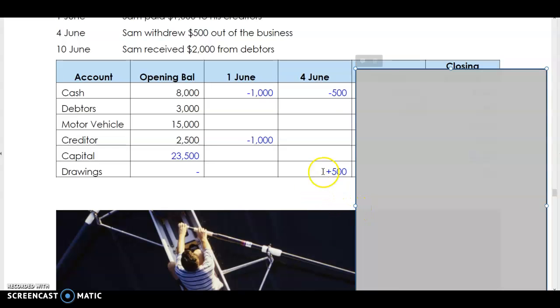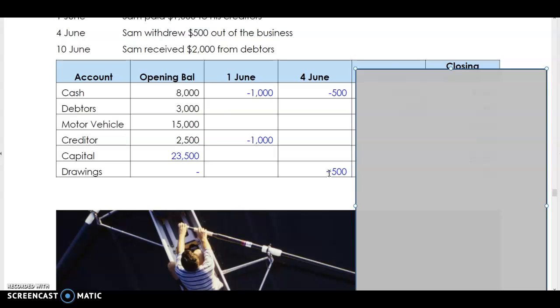Here we are. So we record this as minus $500 next to his cash account, but I've recorded a plus $500 here next to his drawings account, because drawings is an equity, but it deducts from equity. It's like a negative equity account.